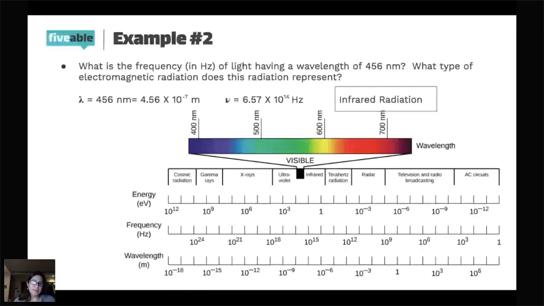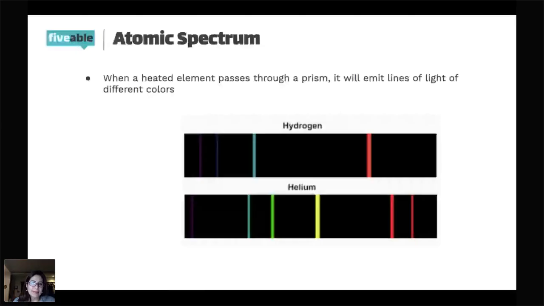So the atomic spectrum: when you heat an element as a gas and pass it through a prism, you will see that it emits lights of different colors. For example, here we have the atomic spectrum for hydrogen and the atomic spectrum for helium. Every single element of the periodic table has its own atomic spectrum.